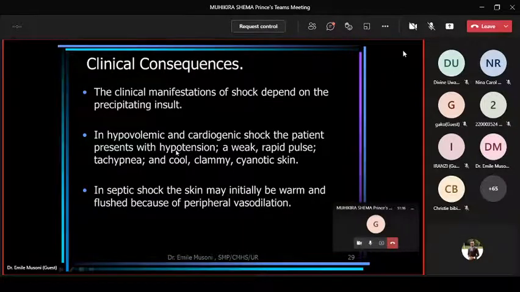In hypovolemic shock, the patient presents with hypotension, weak and rapid pulse, tachypnea, and clammy and cyanotic skin. Cyanotic because it becomes blue because of the lack of oxygen.